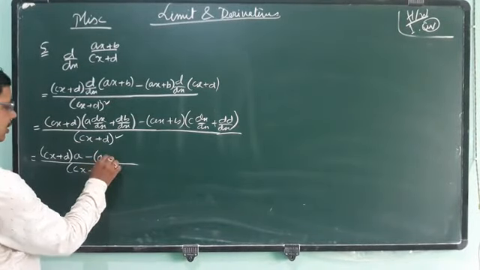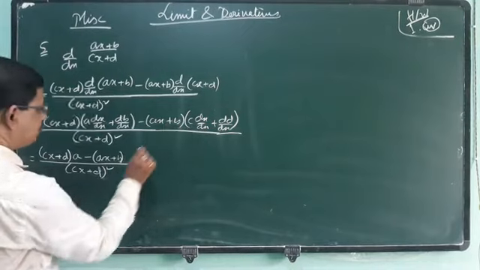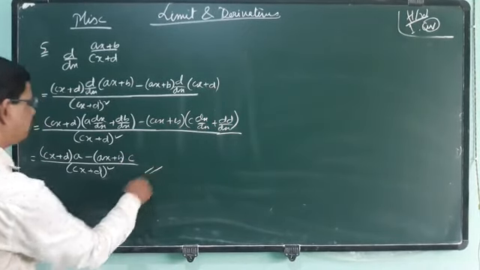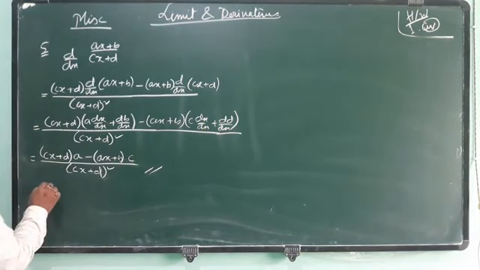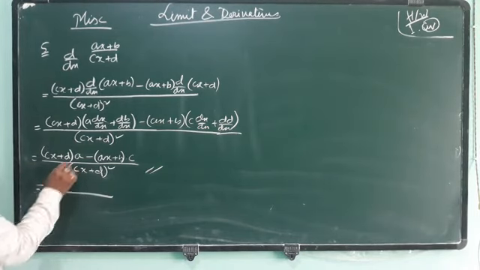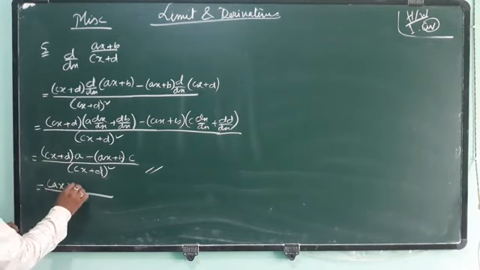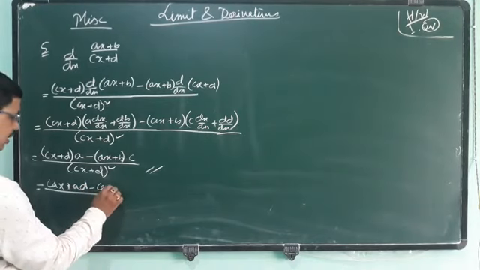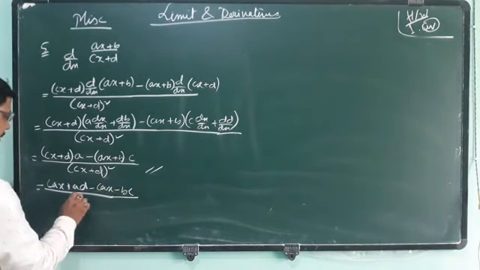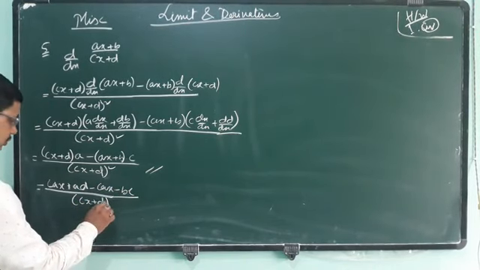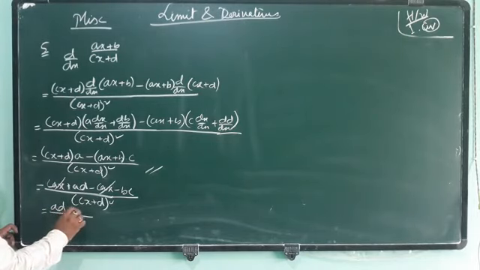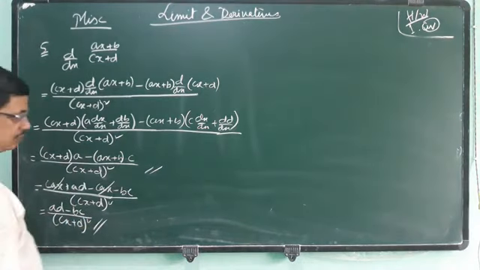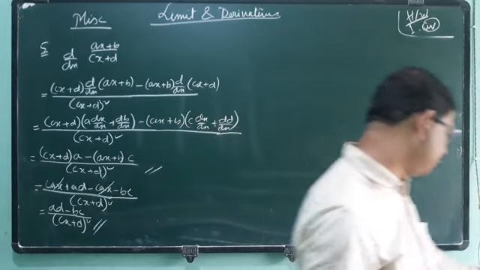Here (ax + b), dx/dx is 1, c, and this is 0. So this is our answer. So little simplification also we can do. If we break: cax plus ad, cax minus bc by (cx + b) whole square. This will cancel each other, and yes, numerator is ad minus bc and denominator is (cx + b) whole square.